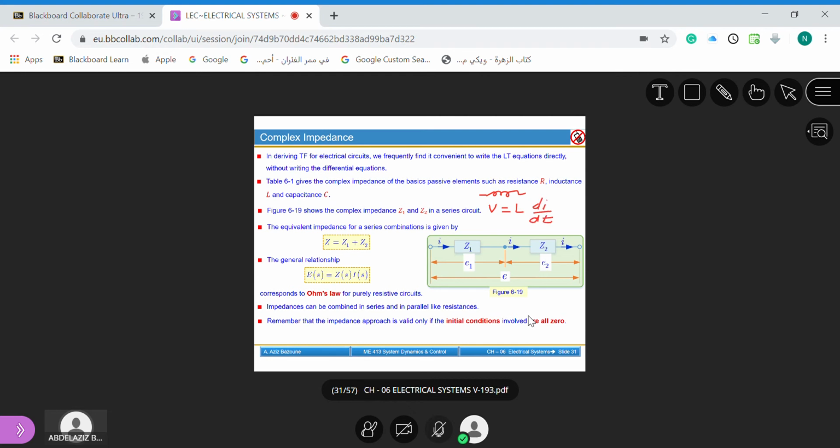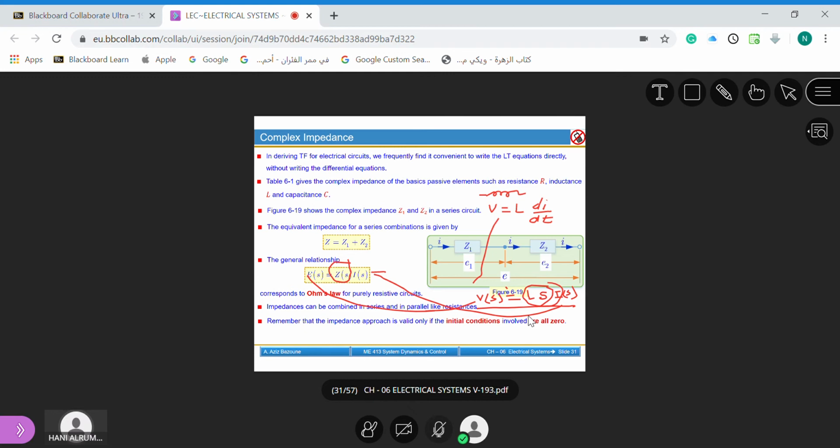If we take the Laplace transform of both sides, V of S will be L times the transform of di over dt, and the Laplace transform of a derivative turns out to be Ls I of S. Comparing with the earlier equation, we have voltage on the left and I on the right, so Z of S is LS.